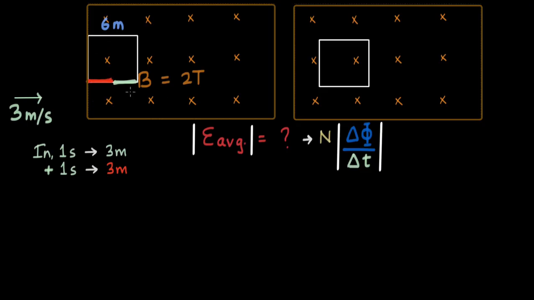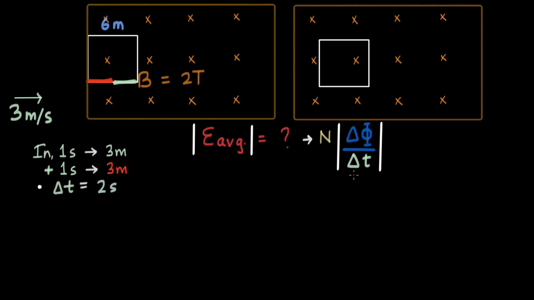That is the point when we should stop the timer, because now the loop has fully entered the region of uniform magnetic field. And now when it continues to move forward, there will be no change in magnetic flux because the number of magnetic field lines through this loop aren't really changing. So the time duration for which the magnetic flux changes comes out to be 2 seconds.